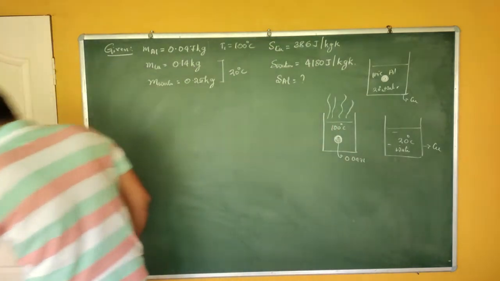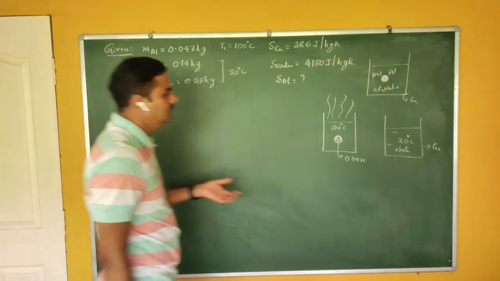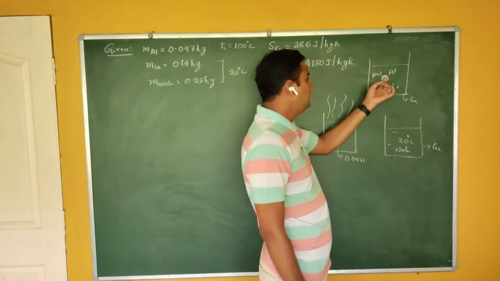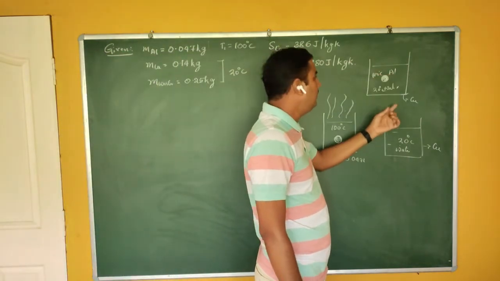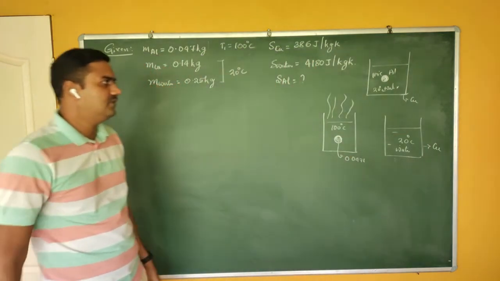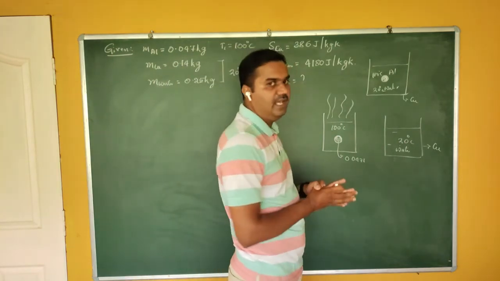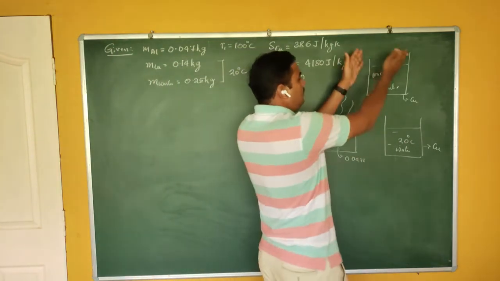Now see here, we are using the principle of calorimetry. In this case aluminum is a hot body, and water and copper are the cold bodies. Aluminum has a temperature of 100 degrees, while water and copper are at 20 degrees, therefore they are the cold bodies. So what happens here?